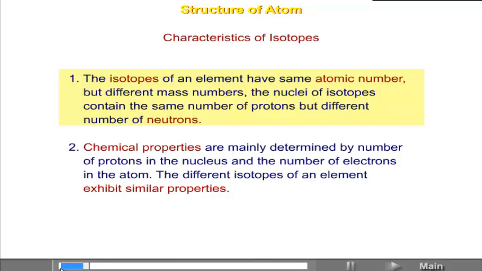The nuclei of isotopes contain the same number of protons but different number of neutrons. Second one, chemical properties are mainly determined by number of protons in the nucleus and the number of electrons in the atom. The different isotopes of an element exhibit similar properties.